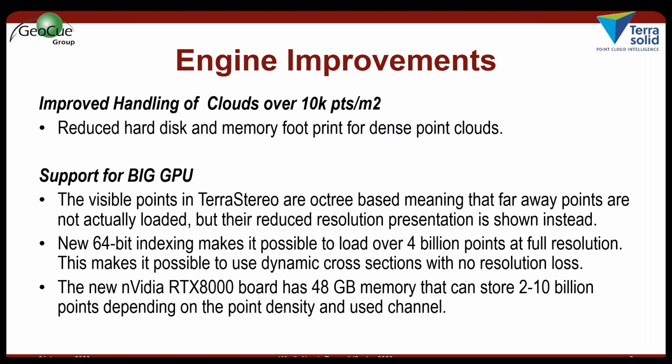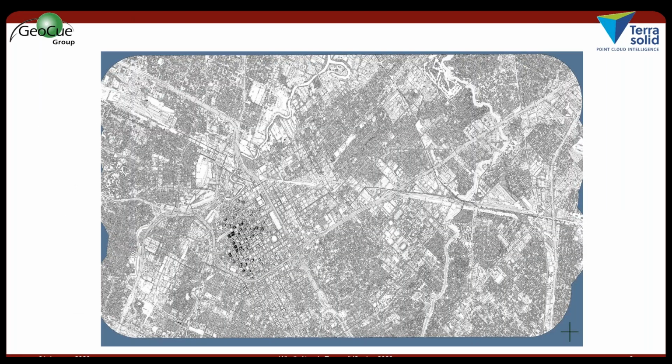But there's a number of improvements in Terra Stereo for handling much larger point clouds, for taking advantage of some of the newer NVIDIA boards like the RTX 8000 board, which has 48 gigabytes of memory and can store basically 2 to 10 billion points, depending on your point density and the channels that you're using for display. That allows you to take an entire very thick point cloud like this one of Houston and display it all within the views.